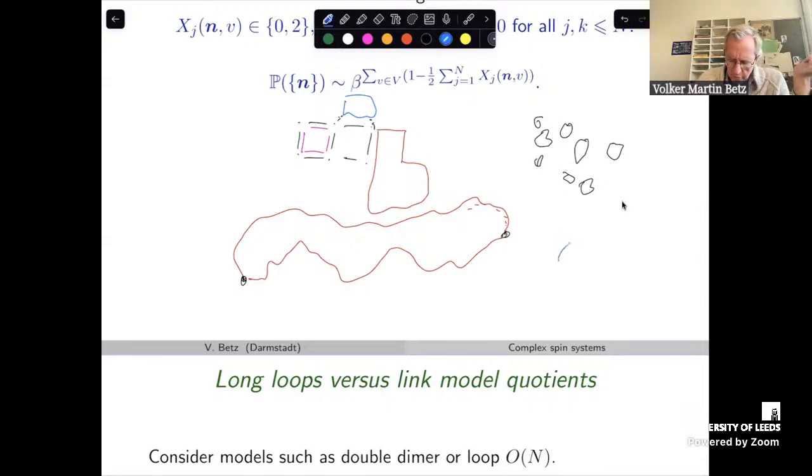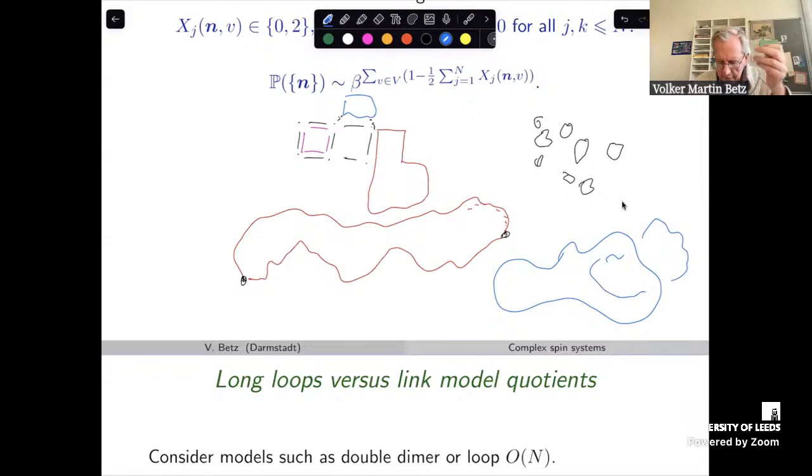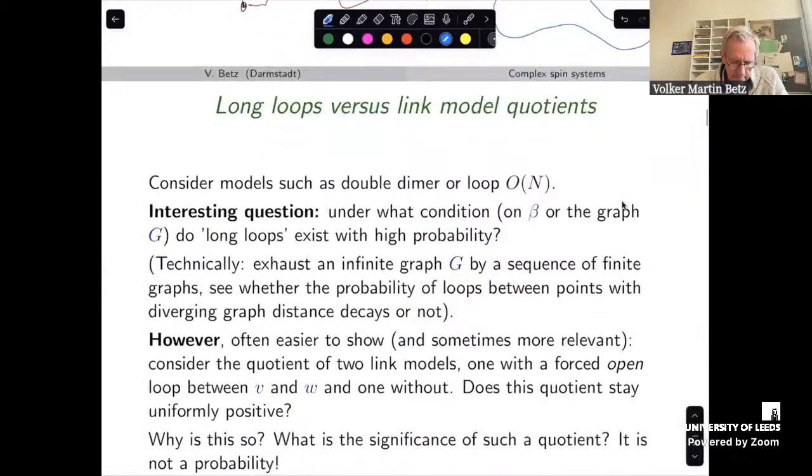Or will it look more like there's a lot of big loops, and in 3 dimensions they might well be interconnected and go all over the place? So this is the basic question. Are there any large scale structures in these models?